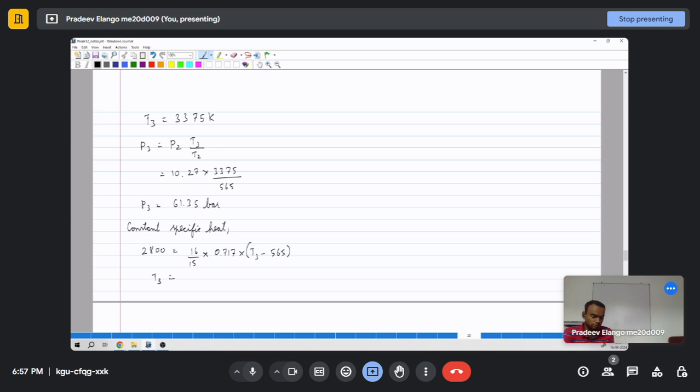So T3 is 4226 Kelvin. Then we will have P3 is equal to P2 into T3 by T2, that is 10.27 into 4226 divided by 560. So this is 76.8.